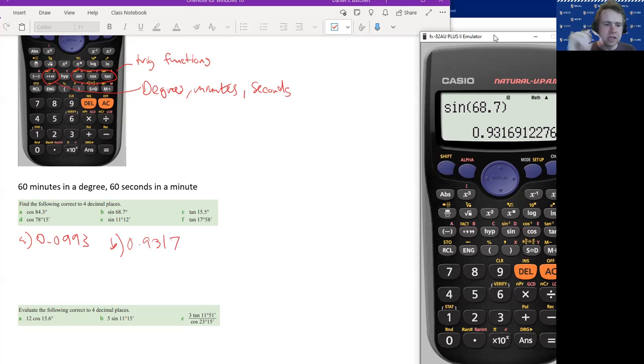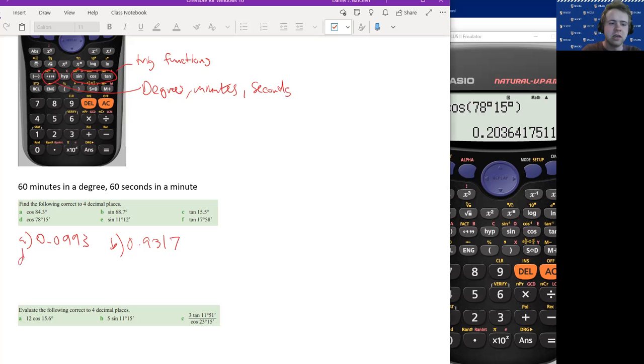However, in the case that you're given the angle in degrees and minutes, or degrees, minutes, and seconds, you have to use our degrees, minutes, seconds button. So it's going to be cos, and then 78, and every time you have a unit, you press this button. So 78 degrees, and then 15 minutes. Although it comes up on your screen as a degree symbol, it interprets that as degrees and minutes, so it doesn't show the apostrophe. The graphics on the calculator must be limited in that way, but we get our answer here.